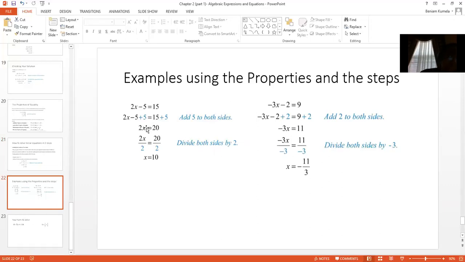To isolate x completely, we use the division property of equality. We divide by 2 on the left-hand side as well as the right-hand side. The 2's cancel out, you get x, and 20 divided by 2 is 10. This is another example that shows this property too.